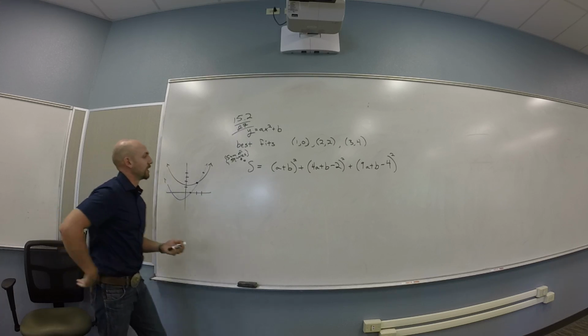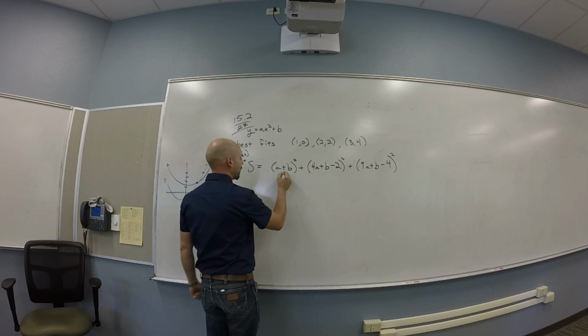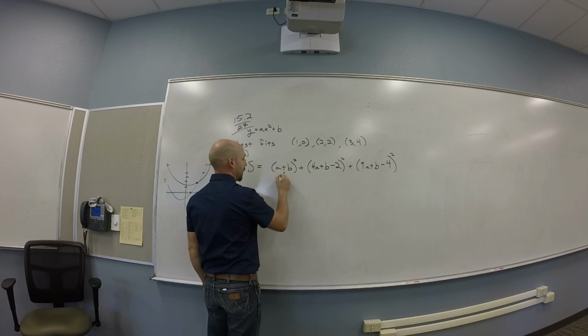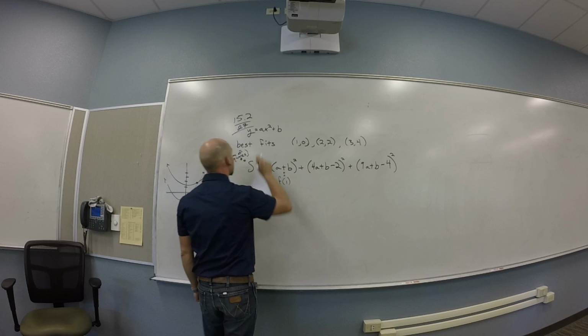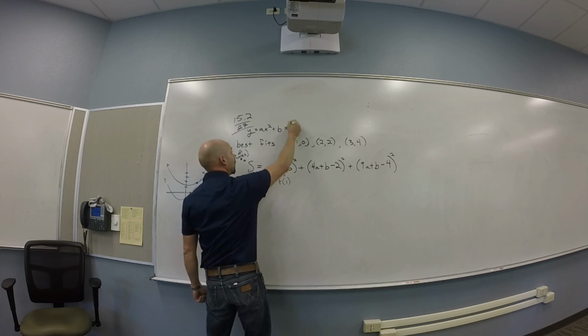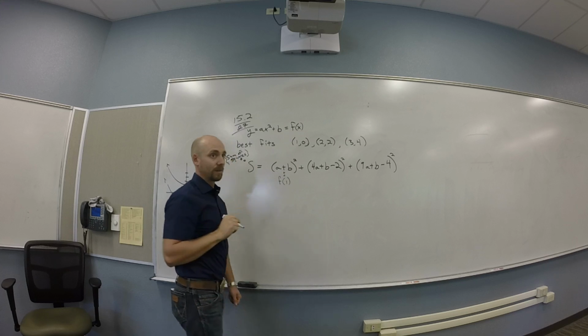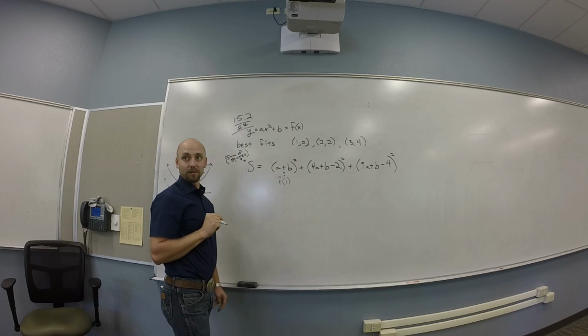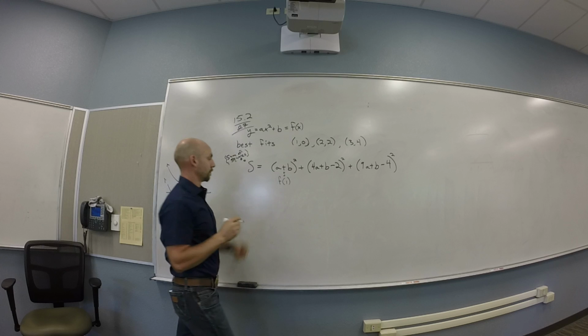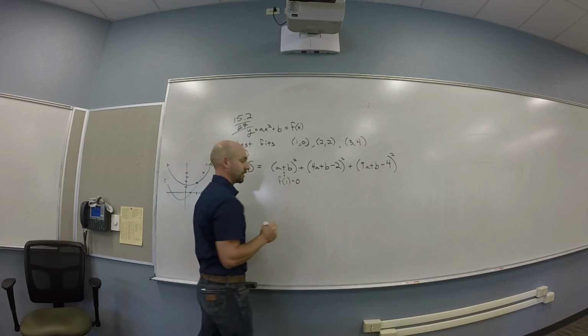So you might notice that this thing in here, a plus b, is f of 1, if I thought about this as a function f of x. You guys all with me on that? Maybe that's f of 1 minus 0.